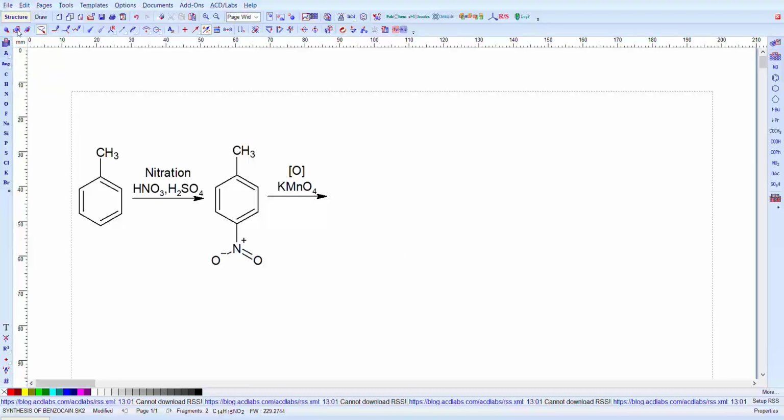Again, we have to copy this structure to save our time. Just copy that structure, and then put COOH. Take it from here, or if you don't want, just remove this CH3 first and take the COOH and place it here. It is very easy. Okay, so this is para-nitrobenzoic acid.